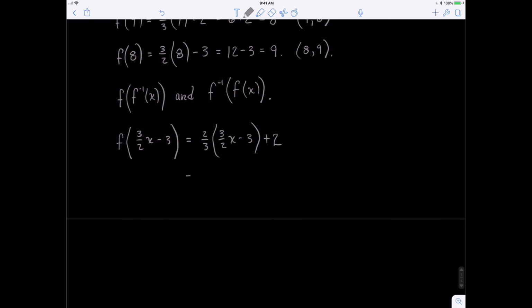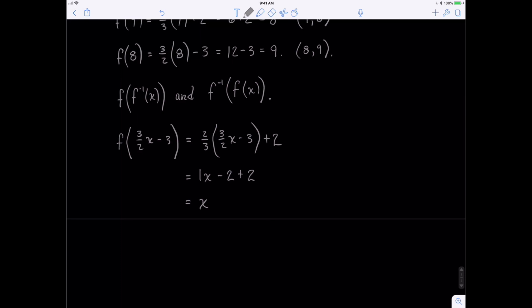Okay, so now I distribute the 2/3, so I'm going to get a 1x, and then a minus 2 plus 2, and look at that, sure enough, I get an x. Meaning if I put an x into the problem, I get an x back out.